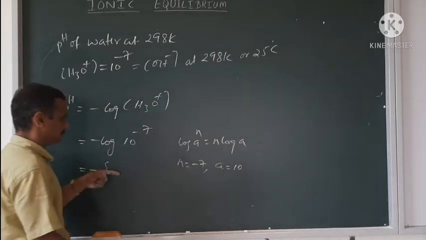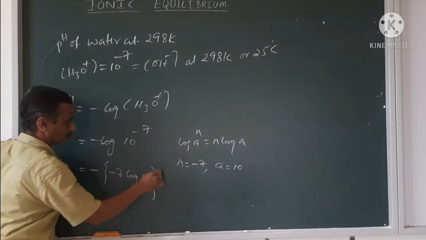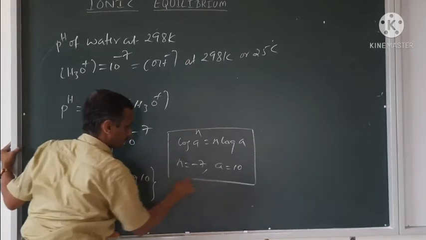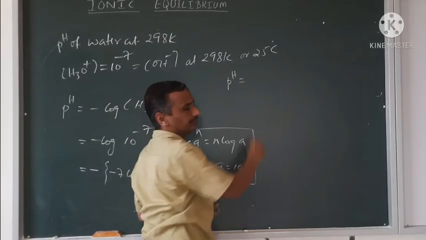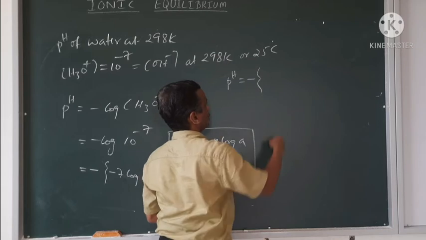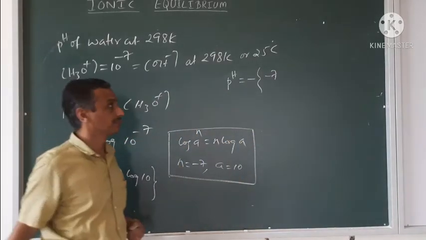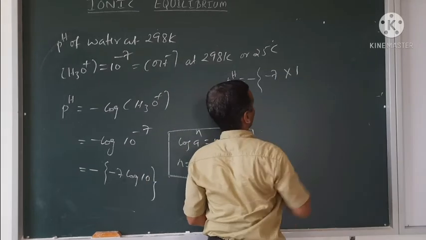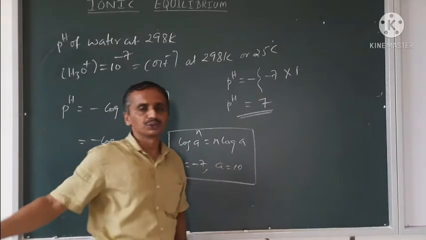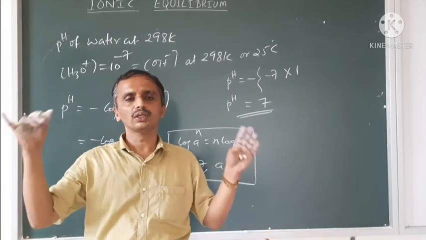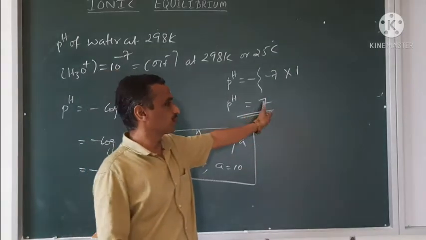So minus 7 log 10 will be there. This concept will be used. So pH is equal to negative, I keep outside, minus 7. Now log 10 is 1. So pH is equal to 7. So a neutral solution at 25 degrees Celsius or 298 Kelvin has the pH of 7.